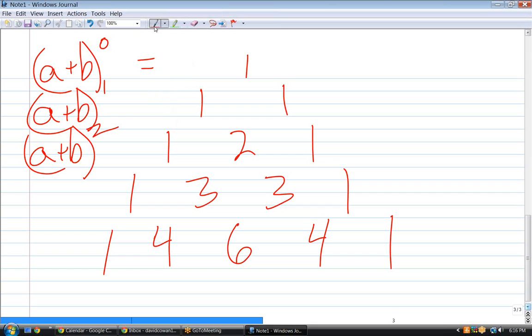I understand it for the binomial theorem, and it definitely relates to these coefficients, but let's write what the binomial theorem is.